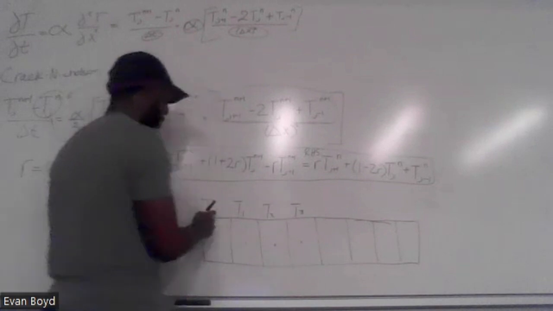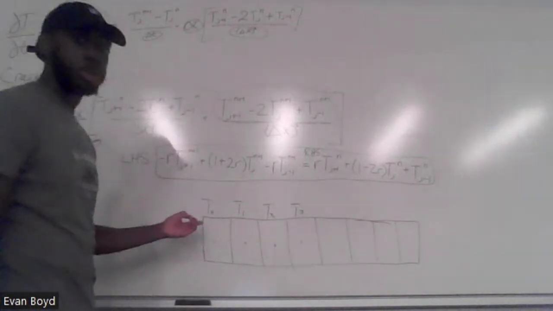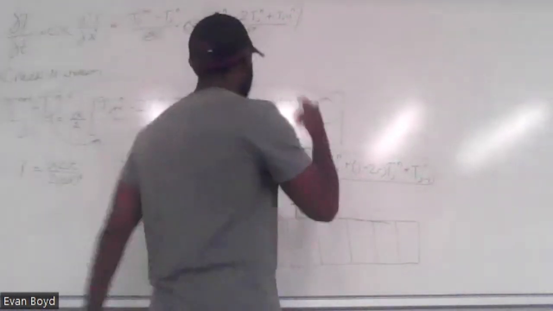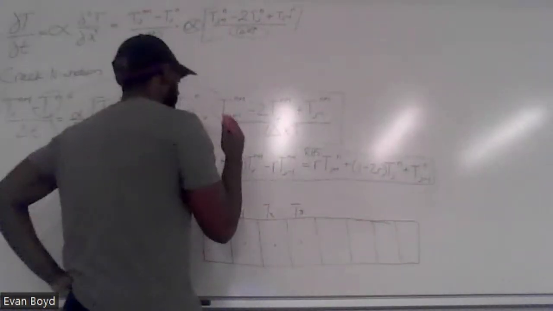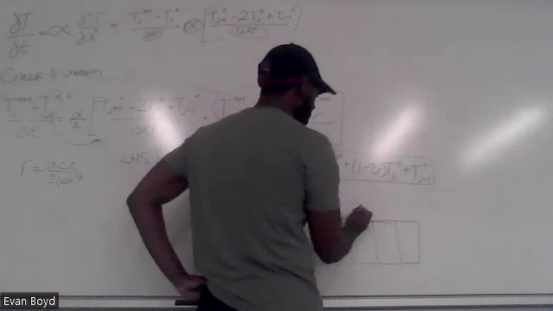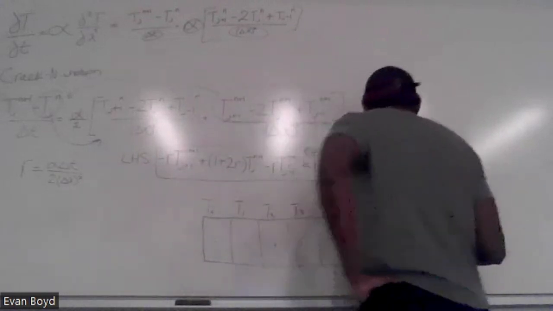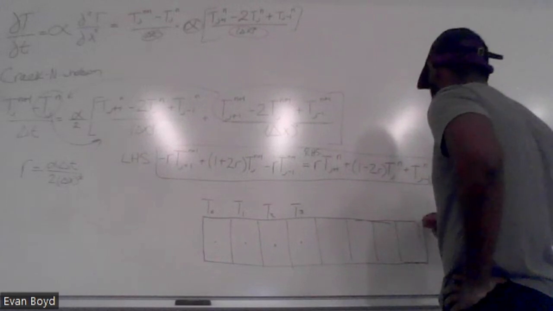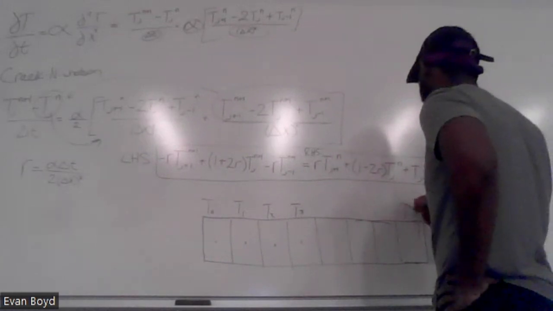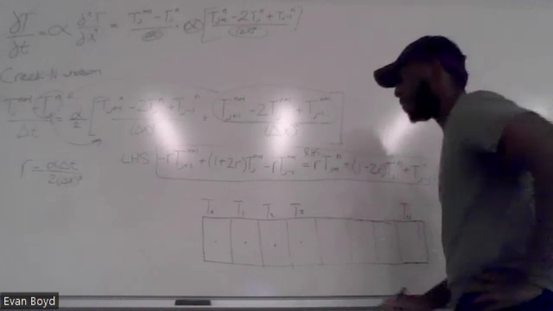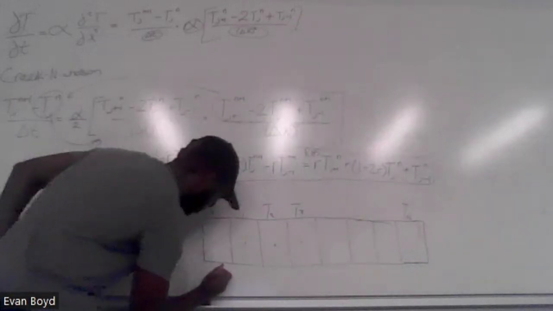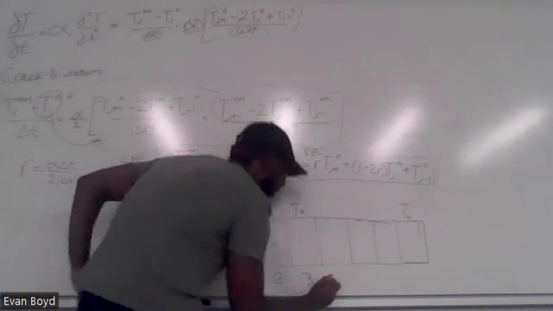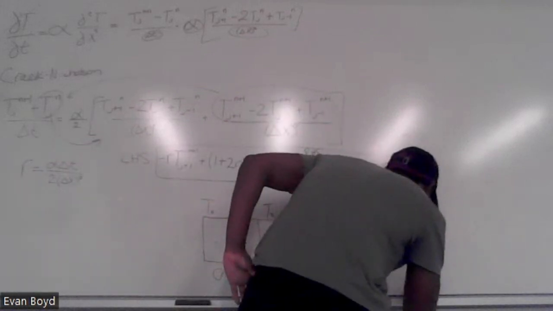So temperature at position 0, temperature at position 1, temperature at position 2, then temperature at position 3, and so on until we get to a temperature of Tn, which represents how many blocks we have in total. Okay, so this is just position 0, 1, 2, 3, and then we represent this at the end as N.